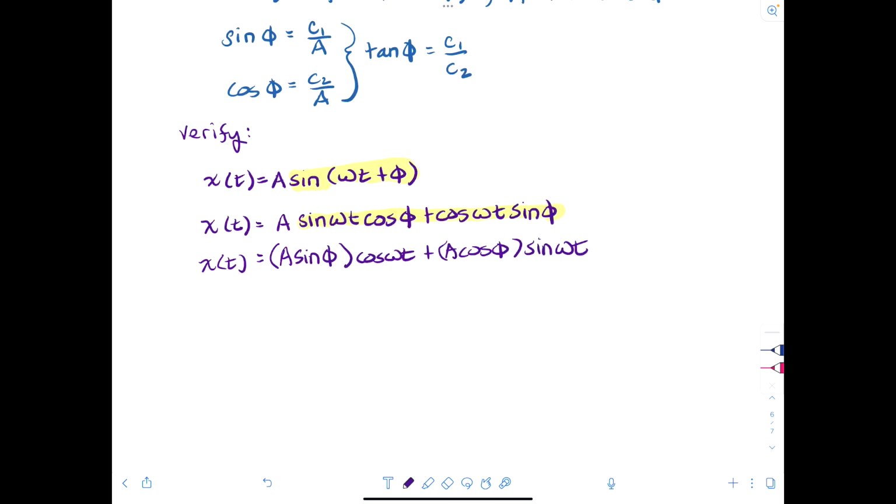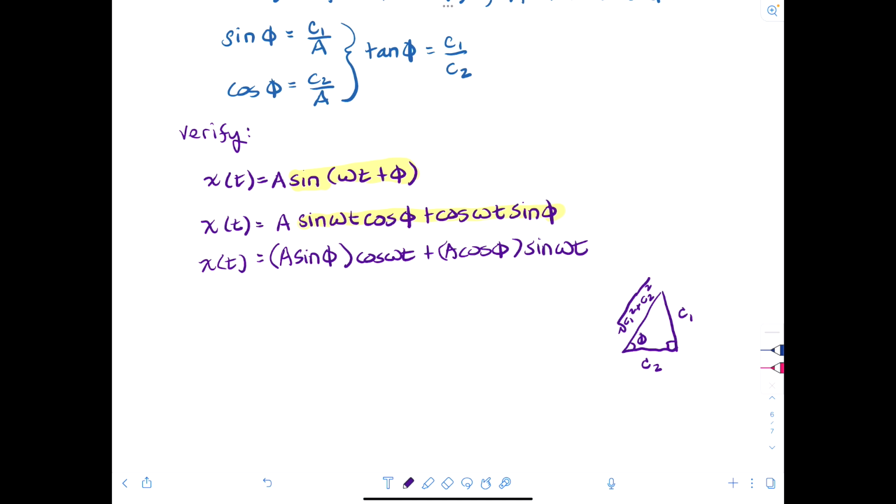If we drew a little picture, this would be phi, this angle, and then this across would be C1, C2 would be the side adjacent, and lo and behold, the hypotenuse would be C1 squared plus C2 squared under a square root.